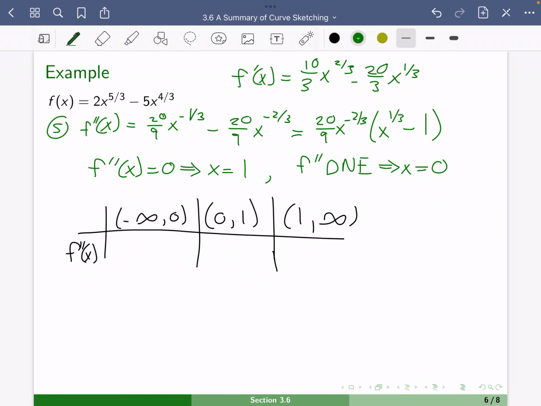Plug in a value that is negative, so negative 1, negative 10, whatever value you want. Plugging in a negative here, you'll get a negative. Plugging in a negative here, we will also get a negative. So a negative times a negative is a positive.